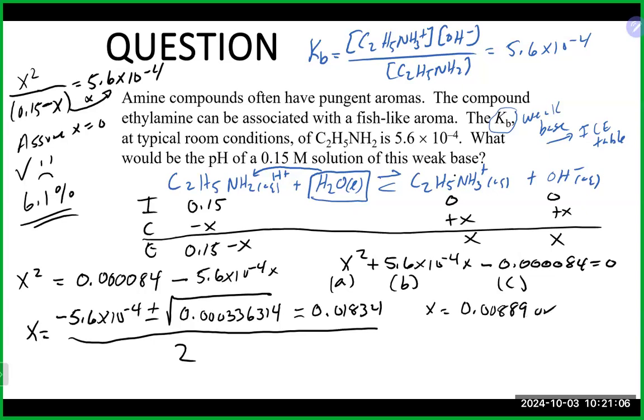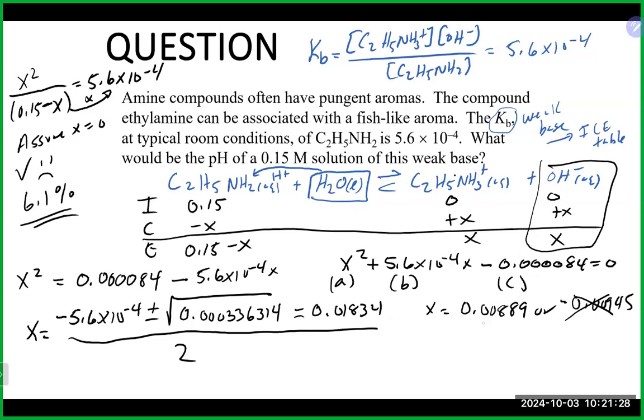Or if we go the subtraction, that is definitely going to yield us a negative number in this case, which is probably not so great. But we'll get a negative 0.00945. Obviously, here we're interested in the OH minus concentration, which is X, so negative value, not so great.